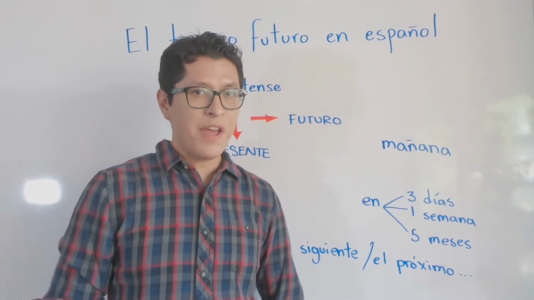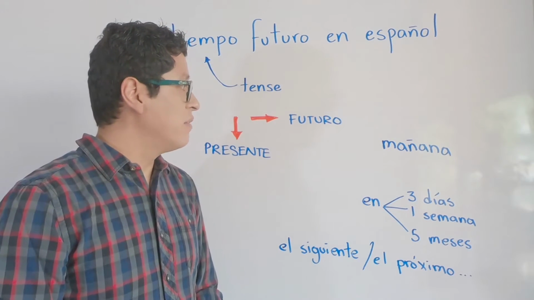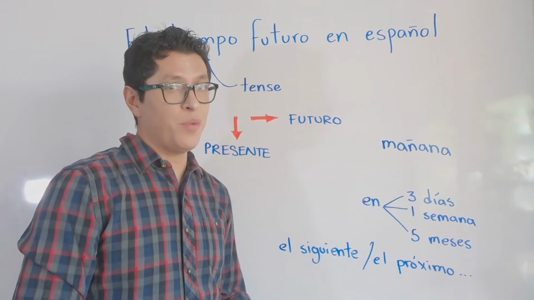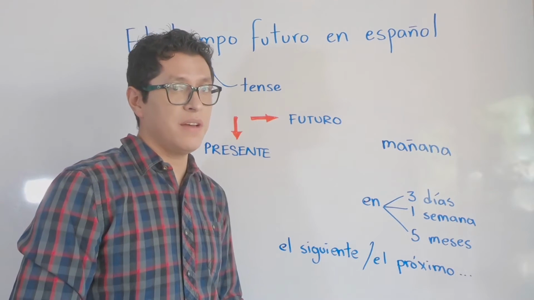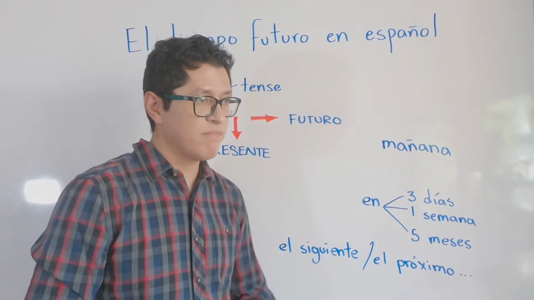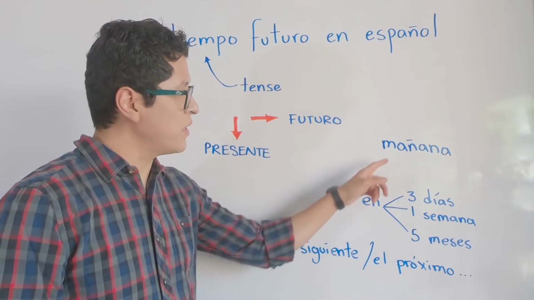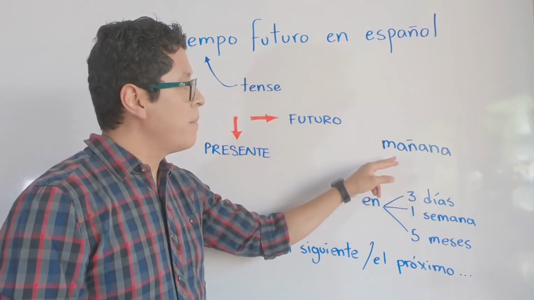In Spanish, we also have time expressions to talk about the future. Now, the most common one and the first one that we learn, and the one that usually comes in the easy sentences in books and on the net, you will always find this one. This one is the word for tomorrow: mañana.